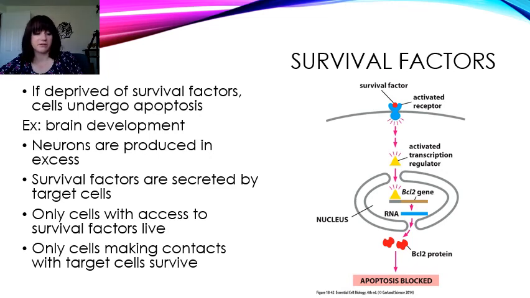You can see a survival factor binding the surface of a cell at a receptor and leading to a signaling cascade, which ultimately activates a specific transcription factor for this BCL2 gene that codes for a protein in that family that prevents apoptosis. So it's kind of nice. You're starting to see all the things that we've been learning come together.